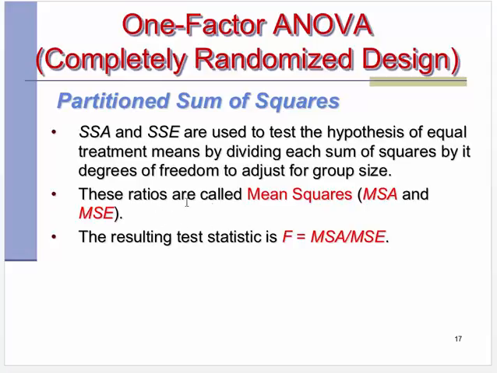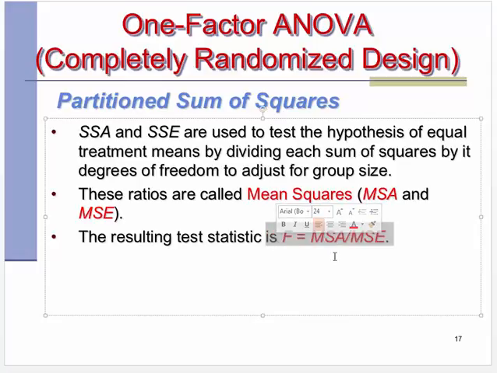These ratios are called the mean squares: mean square A, MSA, and mean square error, MSE. The F-test statistic for ANOVA is MSA divided by MSE.